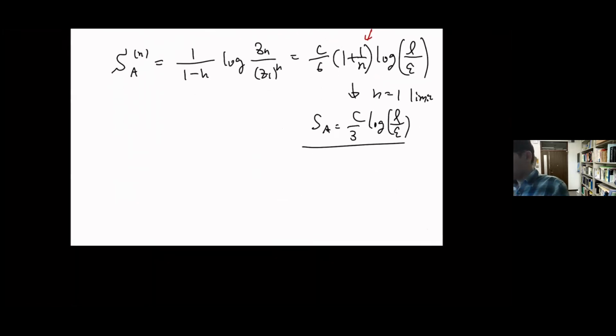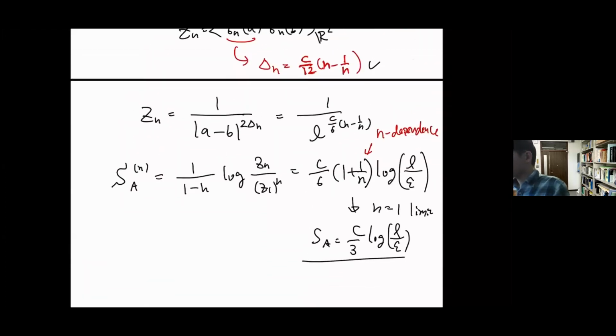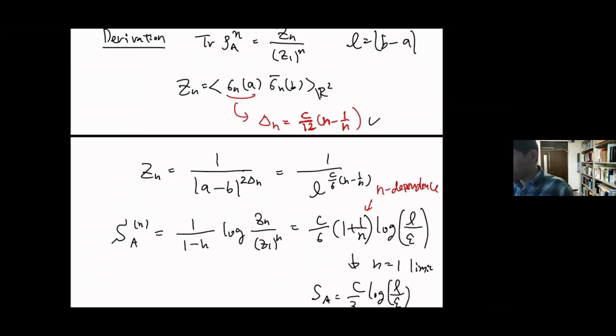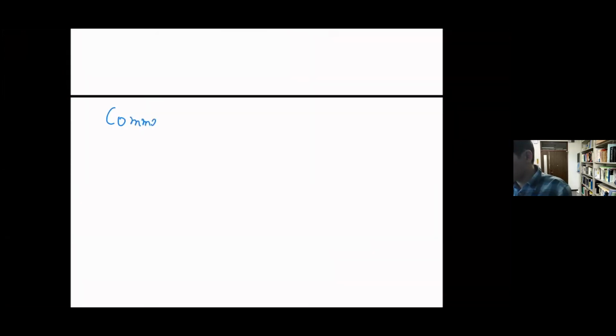Okay, finally, let me make several comments on this formula. The first point is, what about the area law? For the massive case, for massive two-dimensional quantum field theory, it is no longer conformal.